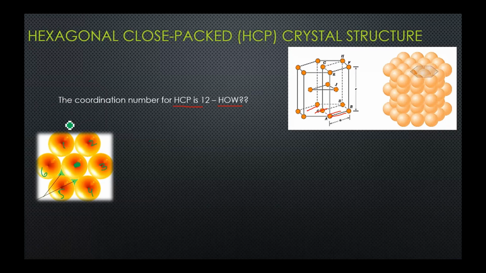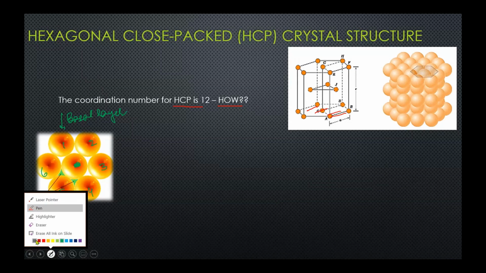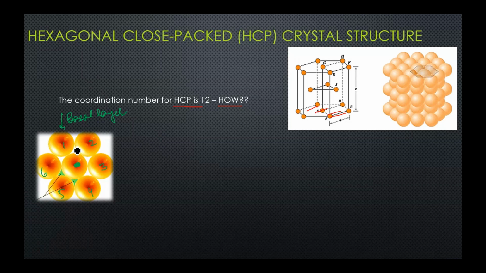Now, if you look, this is the basal layer or basal plane. If you look at this arrangement of atoms, you would identify there are two different kinds of cavities. One kind of cavity is this cavity, in which the vertex is upwards. You have the same kind of cavity over here. Again, the vertex is upwards.